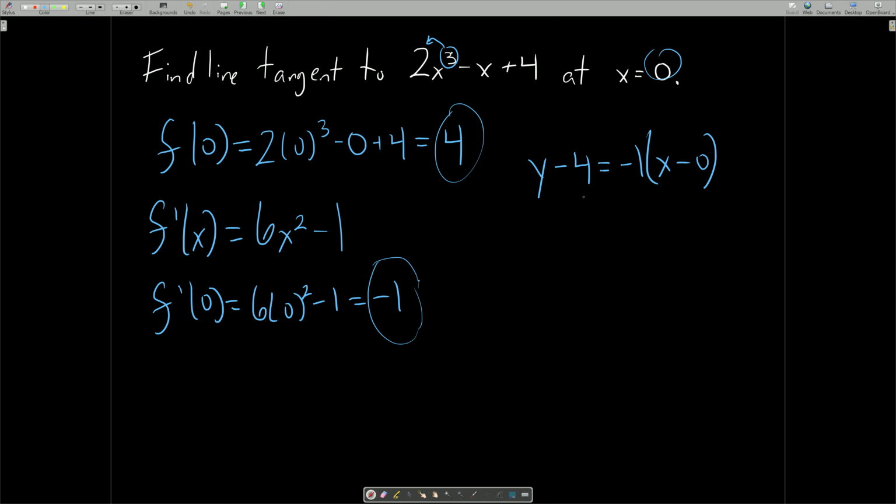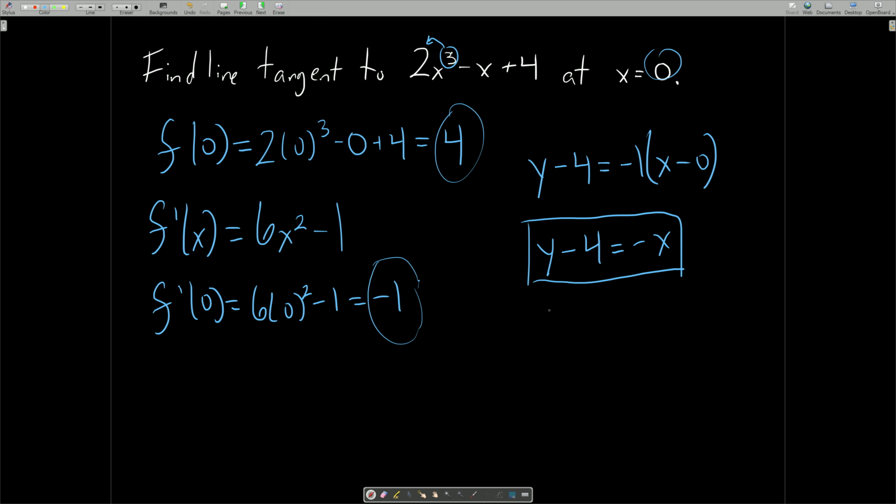And of course you can simplify this. X minus 0 is just x, and then negative 1x. You just get negative x here. And this would be your answer.